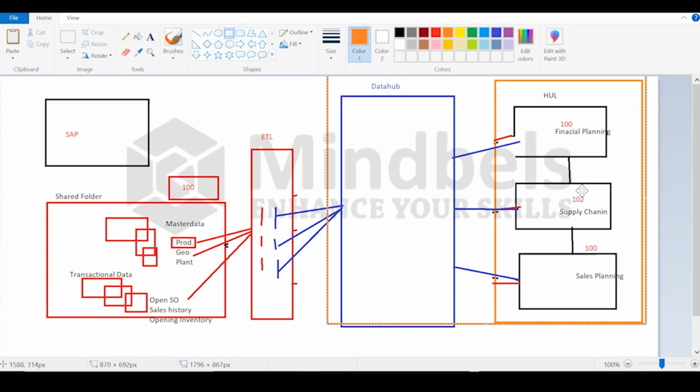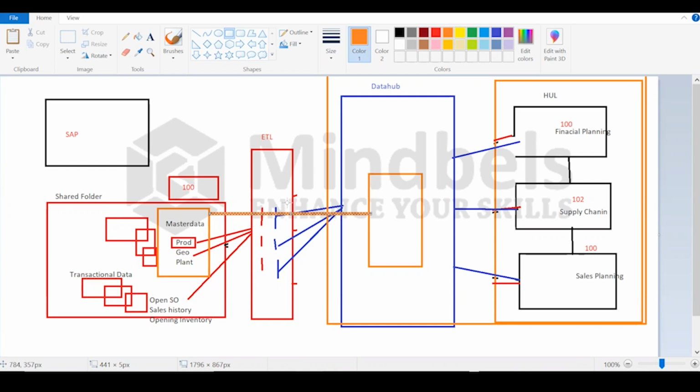Now to avoid that situation, whatever information has been provided by the SAP ecosystem people should come and be stored in this particular data hub model. The same data, exactly the same data, should be copied and pasted here.